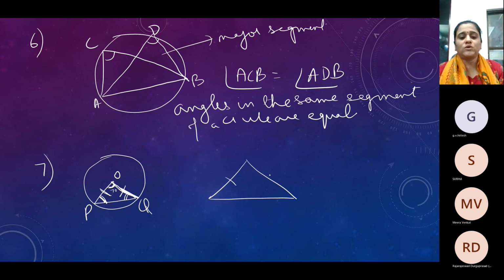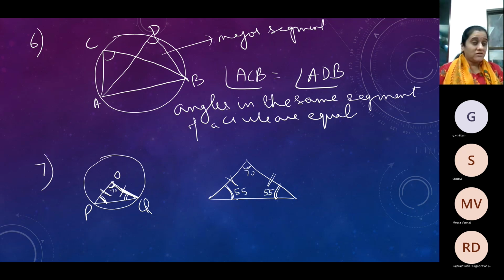In a triangle, when two sides are equal, the angles opposite to them are also equal. So 110 by 2, 55 degrees.